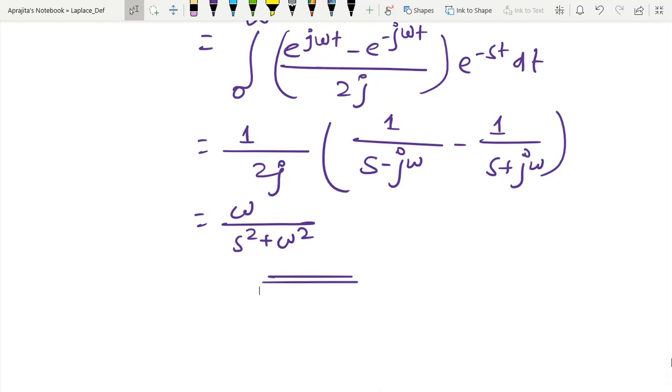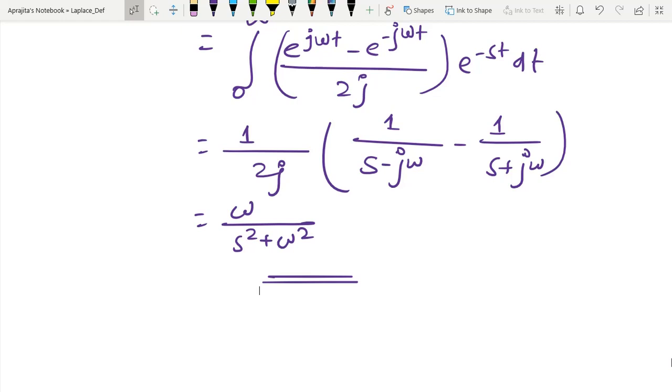In the next class I am going to talk about the sufficient condition for the existence of the Laplace transform, because in the discussion of integral transforms, we found that for different selections of the kernel, sometimes the integral will exist and sometimes it will not.